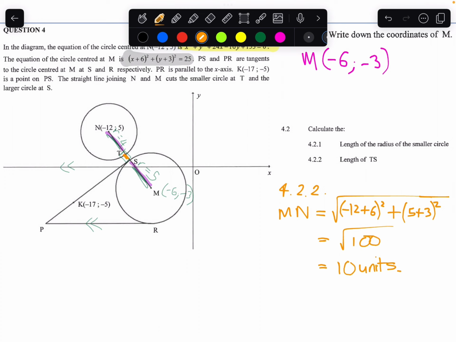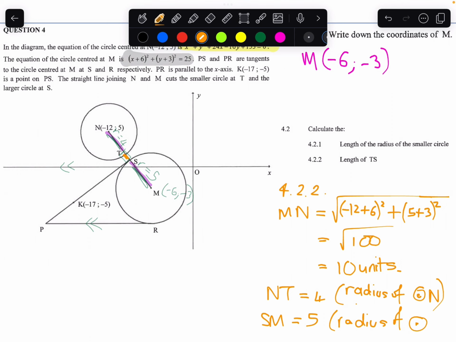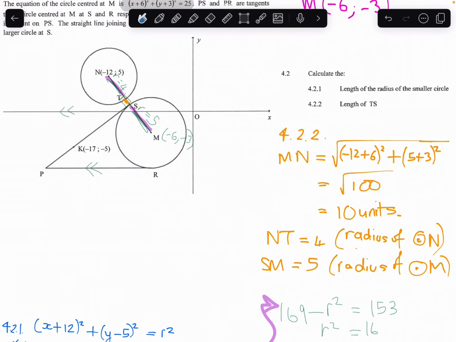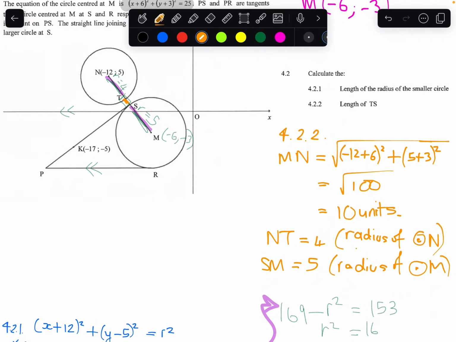Then we know that NT is equal to 4 because it's a radius of circle N. And we know that SM is equal to 5 because it's a radius of the circle M. So as such, okay, I'm just going to squeeze it in.